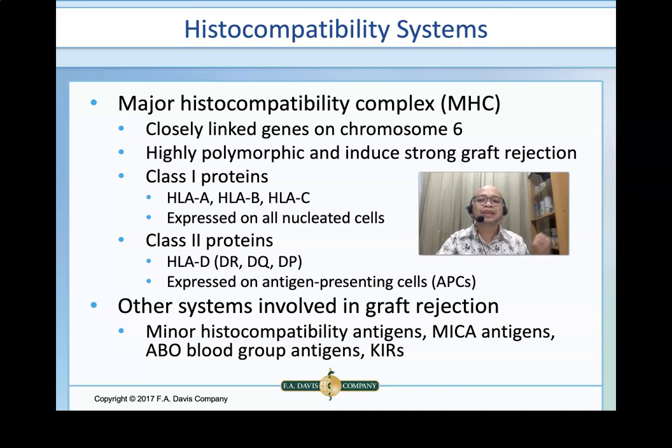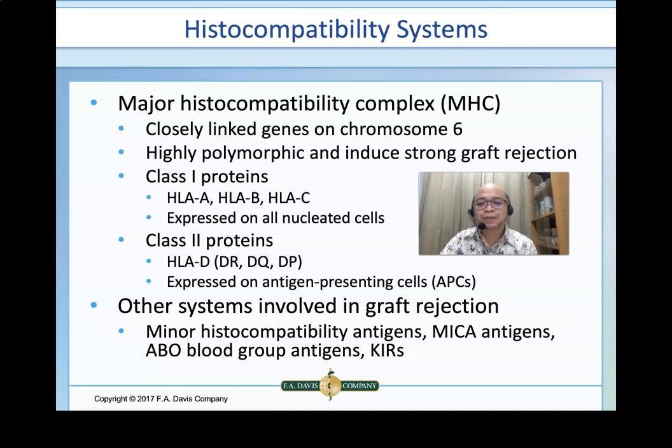There are two types of proteins. We have the class 1 proteins, identified as HLA-A, B, and C. Incidentally, all class 1 proteins are expressed on all nucleated cells, including kidney, liver, what have you.